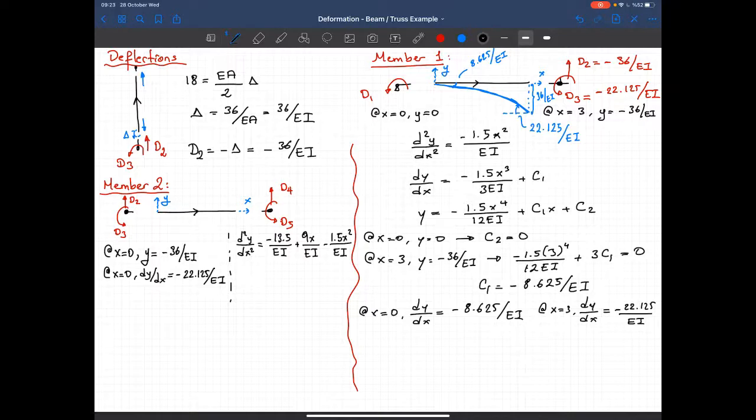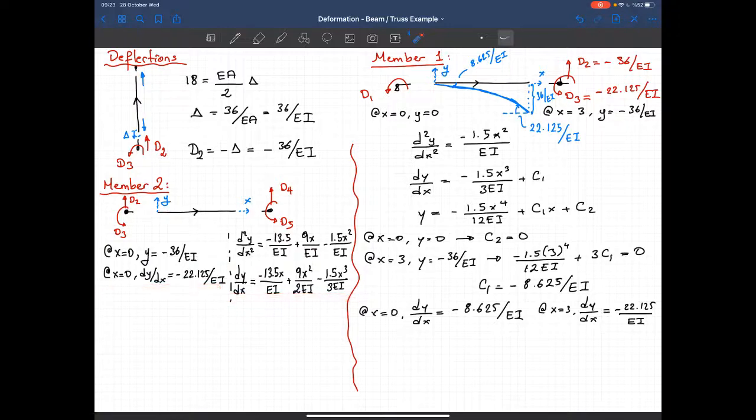Let's integrate it. dy over dx is equal to minus 13.5x divided by EI plus 9x squared divided by 2EI minus 1.5 x cubed divided by 3EI plus C1.